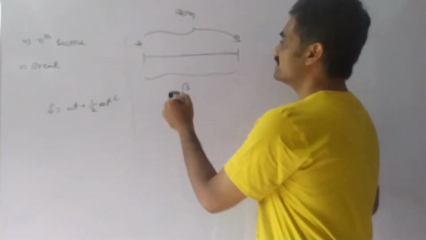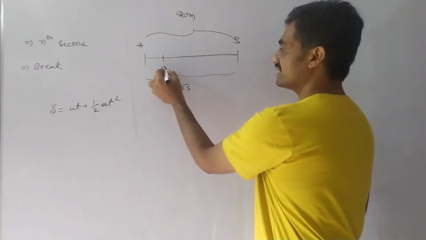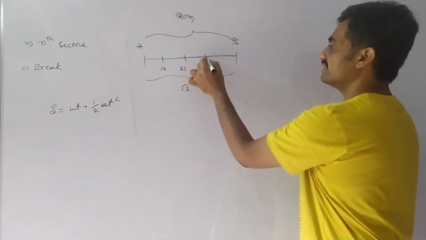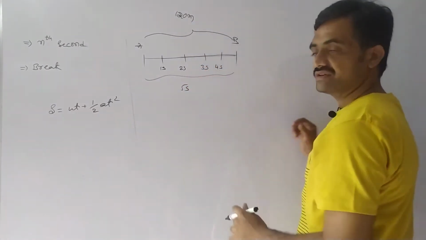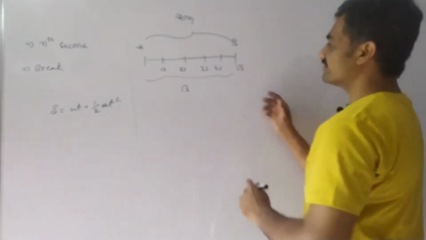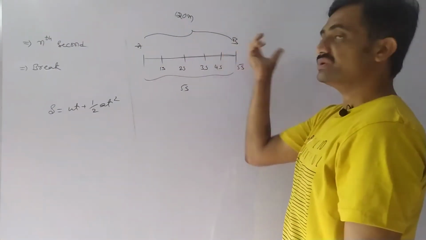Let us consider it has travelled a particular distance in the first second, then for 2 seconds, then 3 seconds, then 4 seconds, and finally it has reached 120 meters after 5 seconds. It has started at A and reached B.